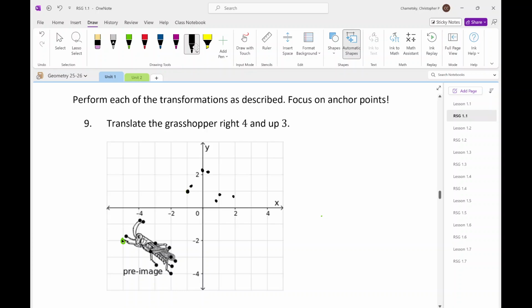Point there. Roughly a point here. Okay, so there's all my anchor points.